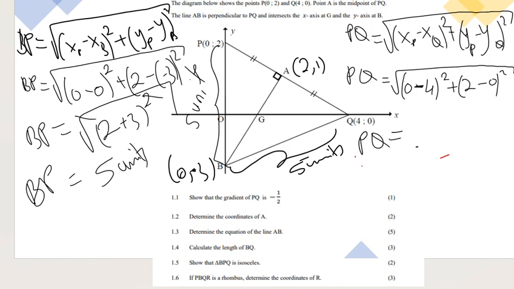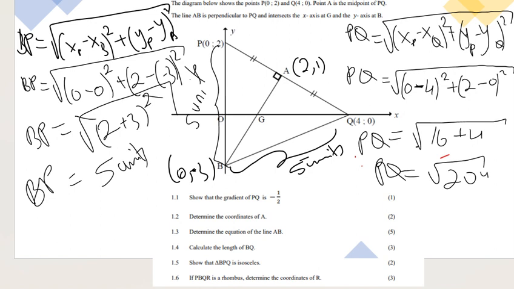So I hope this is clear. 0 minus 4 squared is 16, plus 4, because 2 minus 0 is 2, and 2 squared is 4. 16 plus 4 is 20, so PQ is root 20 units, which can never be equal to 5.